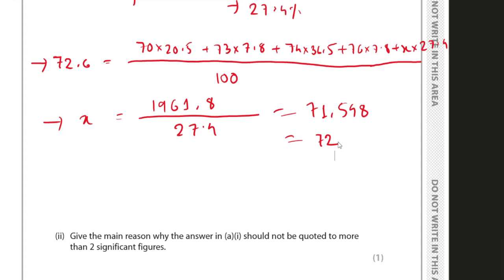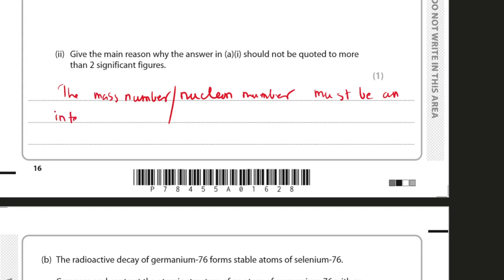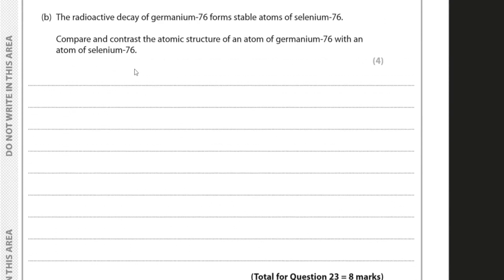So if we quote the answer to two significant figures, it becomes a whole number. So we can write it down: the mass number, or in other words, the nucleon number, must be an integer.